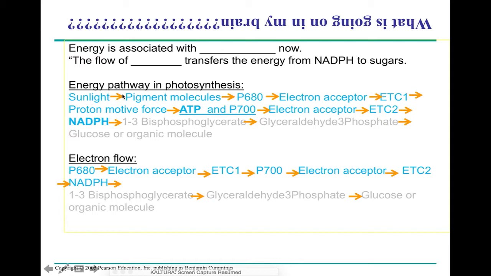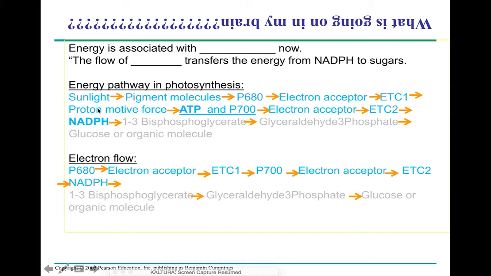Energy coming from sun will pass through pigment molecules to special pair of chlorophyll molecules in photosystem 2, which is P680, and then primary electron acceptor, then electron transport chain 1.